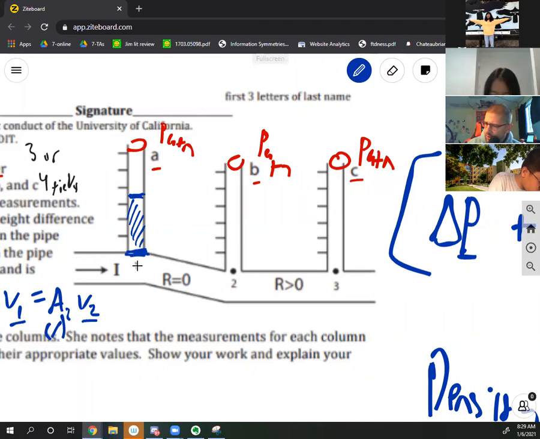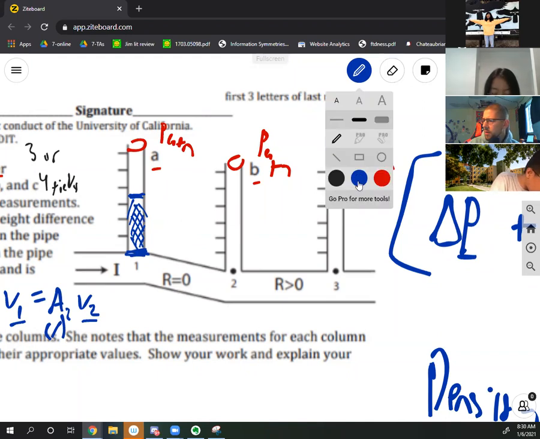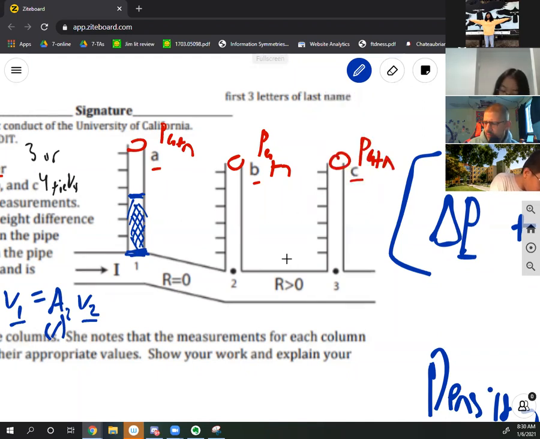So pressure pushing upward from this lower pipe is what causes the fluid to fight gravity and stay up in this upper pipe.